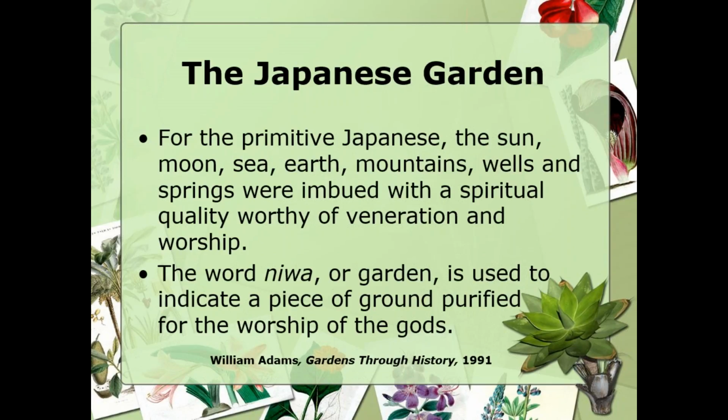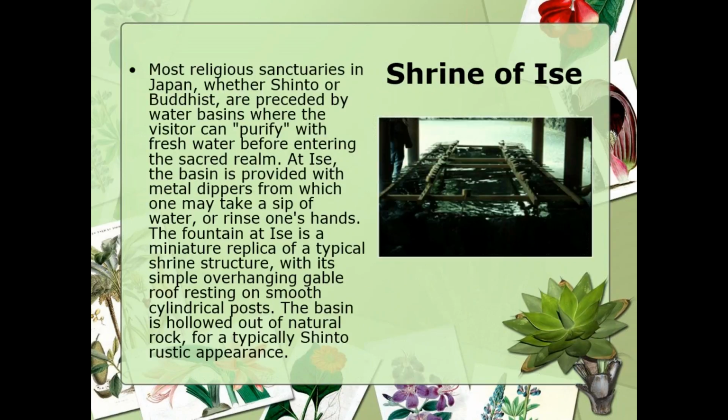The word niwa, or garden, is used to indicate a piece of ground purified for worship of the gods. Most religious sanctuaries in Japan, whether Shinto or Buddhist, are preceded by water basins where the visitor can purify with fresh water before entering the sacred realm.